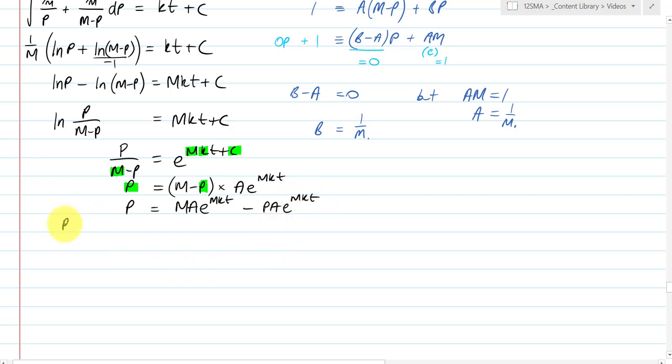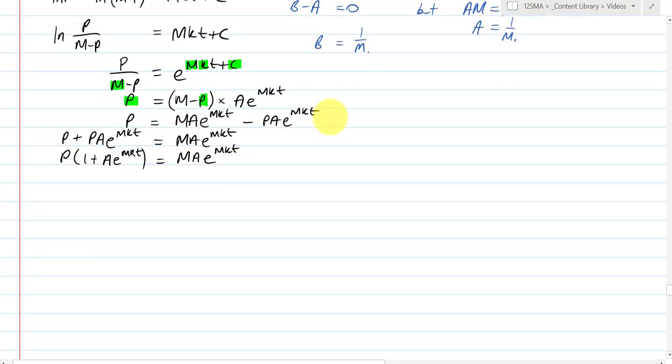I take that over, so I get p plus pa e to the mkt equals ma e to the mkt. I factorise the p out, p(1 plus a e to the mkt) equals ma e to the mkt, and then I divide through, which gives me p is equal to ma e to the mkt over 1 plus a e to the mkt, and that's my model.